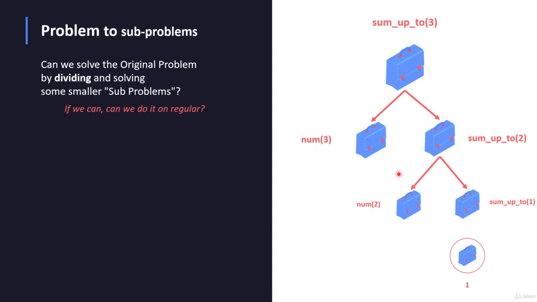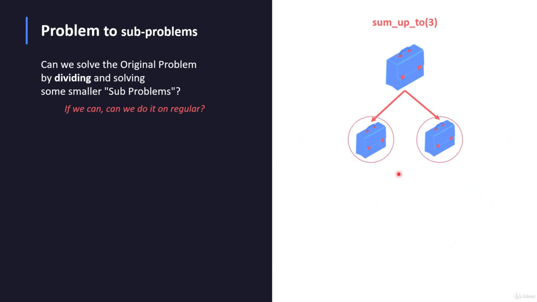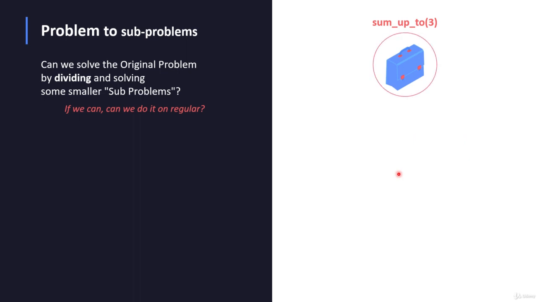I mean, if we can divide our original problem into some smaller sub-problems, and these smaller sub-problems into further sub-problems and so on, and based on the result of each of the sub-problems, it will help us to conclude and construct the result for the bigger problem. So if we can do it, that means we can use a recursion as a solution.